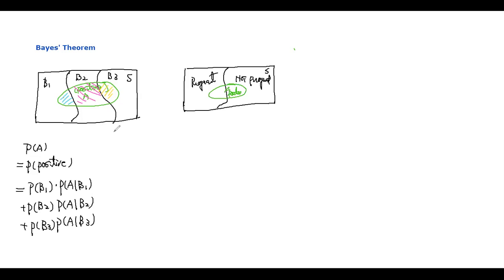So in general, if you look at the formula, this is the formula. We say P(A) is equal to the summation from i equals 1 to k of P(Bi) times P(A given Bi).